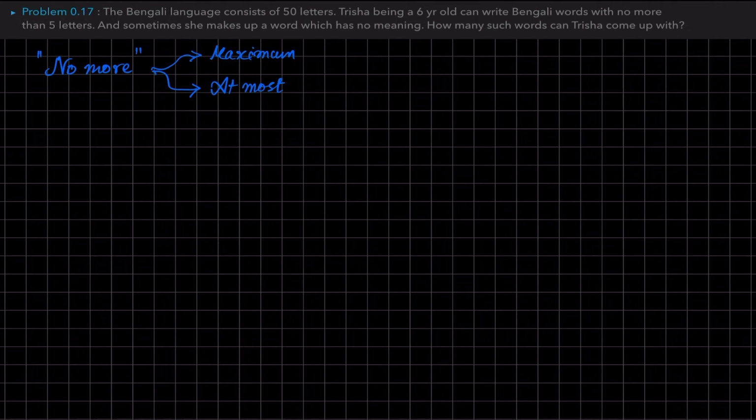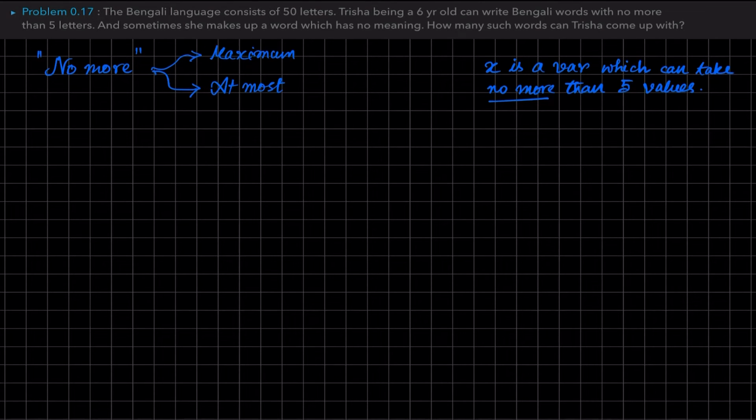We can say let x be some variable. Let's take an example. X is a variable which can take no more than 5 values. So no more is something which means that's the maximum limit. Usually in mathematical problems, we tend to use the phrase at most a lot. Both of these things nearly mean the same.